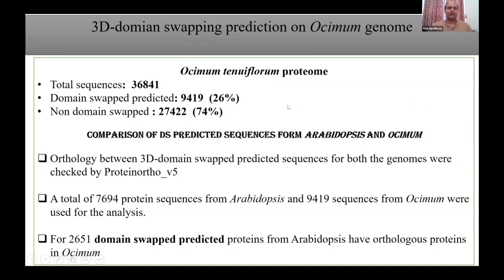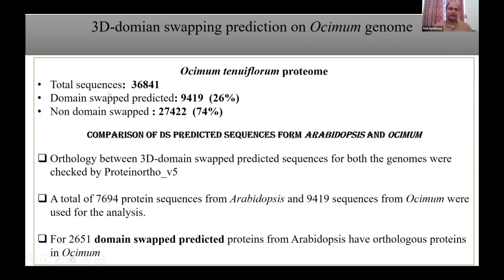Right. At that time, we were also doing NGS sequencing of one of the medicinal plants, Ocimum, and we did the genome assembly and annotation in the lab. So we thought that we should apply this model to the Ocimum proteome also, and see what kind of trend we see.